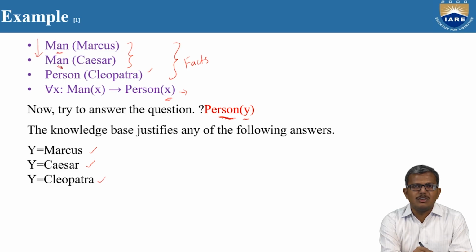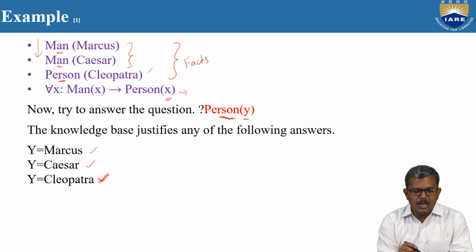This one is man, not matching. But when it comes to person, it is matching. So whenever this kind of information is given, the answer for person of Y is going to be Cleopatra. Why? Because that is the first one that appeared in the knowledge.